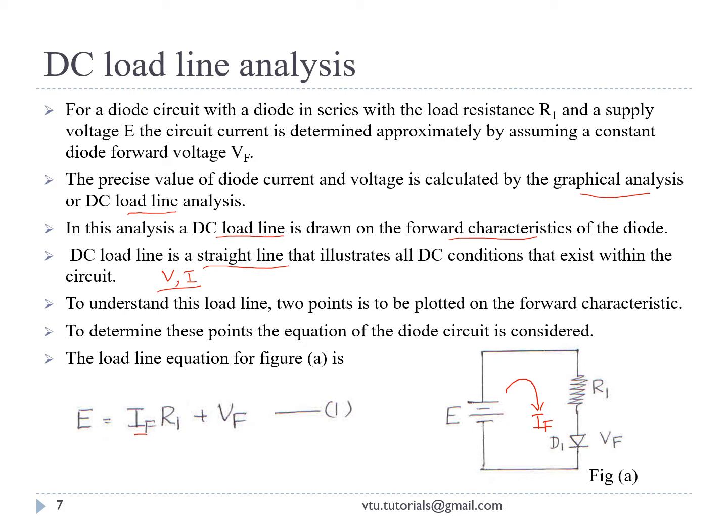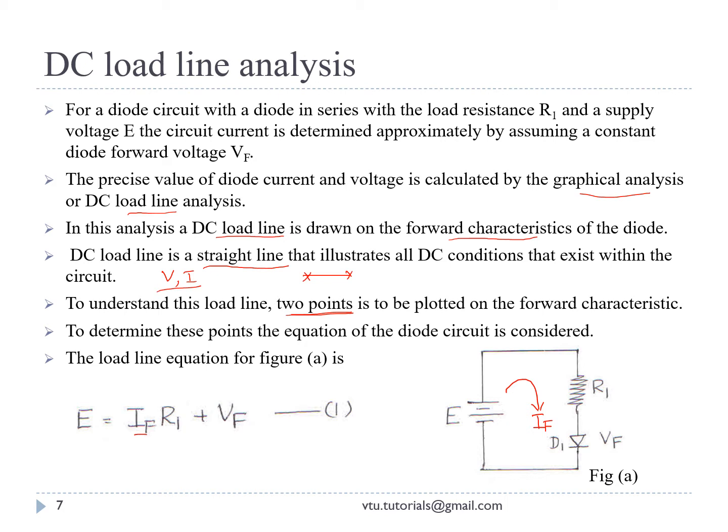To understand this DC load line, we need 2 points. If we have to draw a straight line, you need 2 points to draw it. So we have to determine those 2 points that are to be plotted on the forward characteristic curve. Once you get these 2 points, you can draw a DC load line.